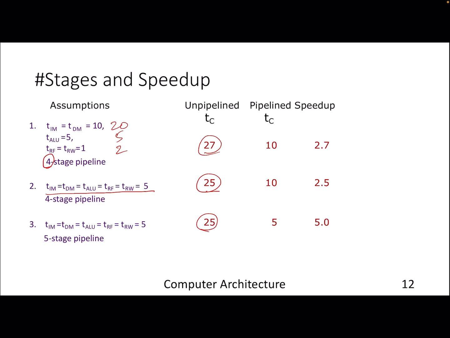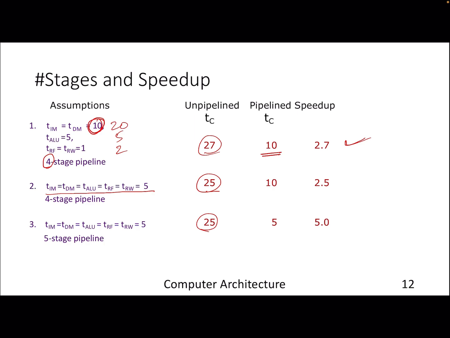As you can see, the slowest stage will be the memory stage, and that will define your clock cycle time. So that gives us a speed up of 2.7, right?